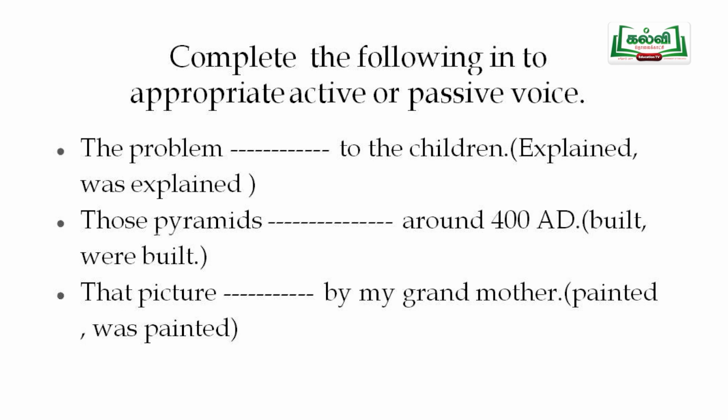Explained or was explained. Number 2, those pyramids dash around 400 AD. For this, you can select from built or were built. Number 3, that picture dash by my grandmother. Answer, painted or was painted.